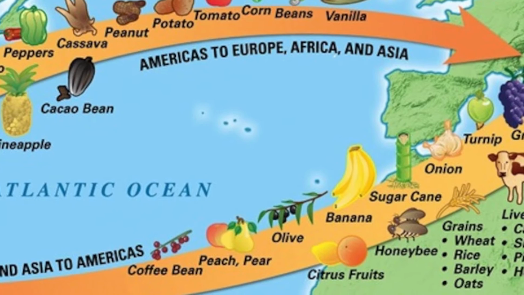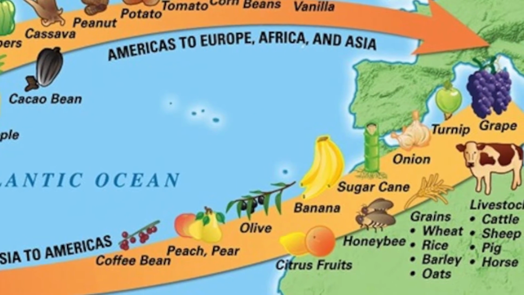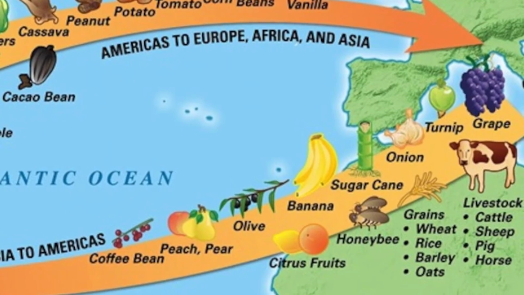And we'll have items from the Old World moving westward to the New World. So there's going to be a revolution in diet and a net increase in population because of this. Even with the destruction of the people of the Western Hemisphere due to disease, worldwide we're going to see a net increase in population.